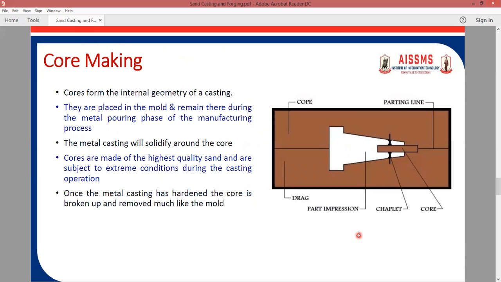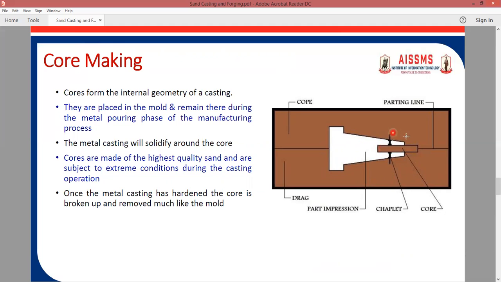Then next one is core making. The core is nothing but a formation of the hollow casting. Consider this one is your casting component and you have to keep this casting hollow at this point. So you have to keep something in that casting which is left there even after pouring of the molten metal.